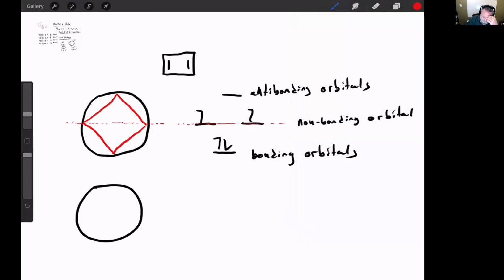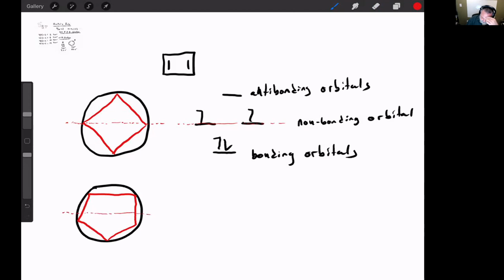We can do a pentagon. If I were going to do a pentagon, I would do this. So this is sort of the dividing line there.